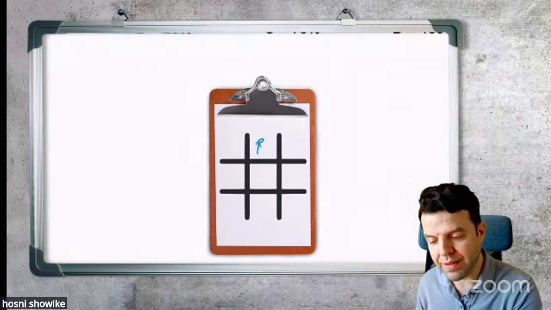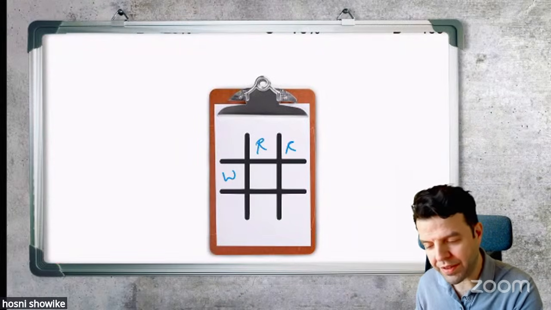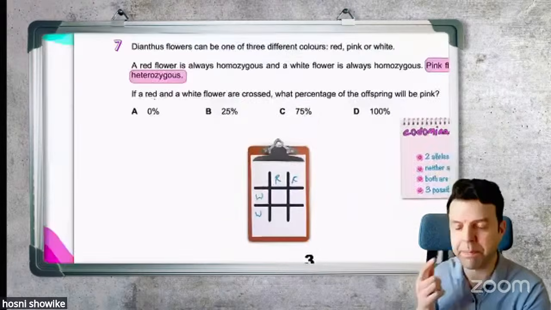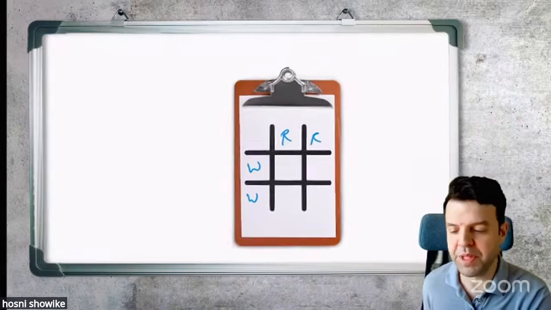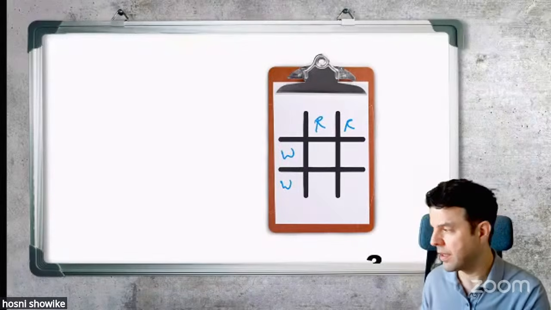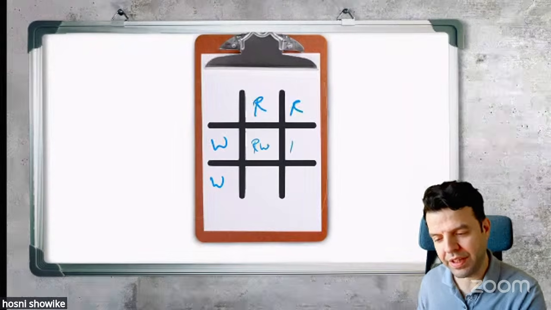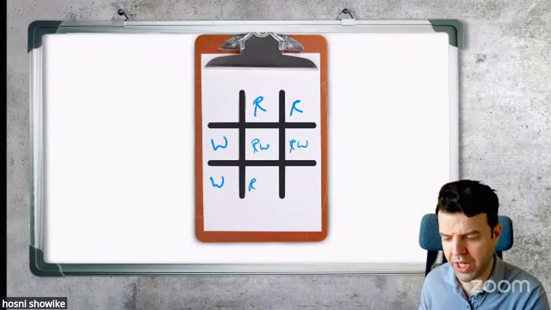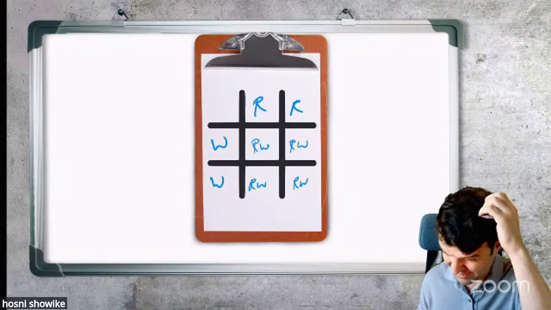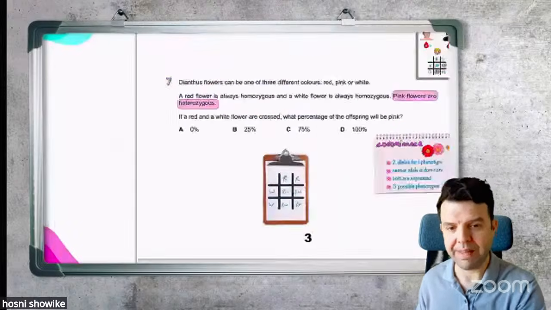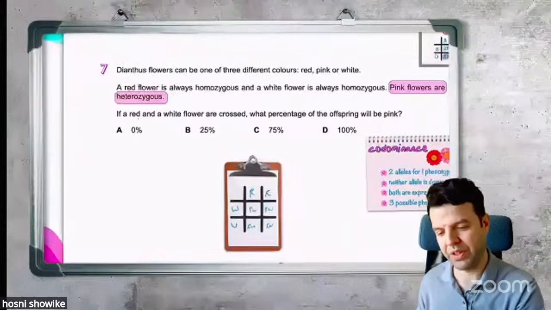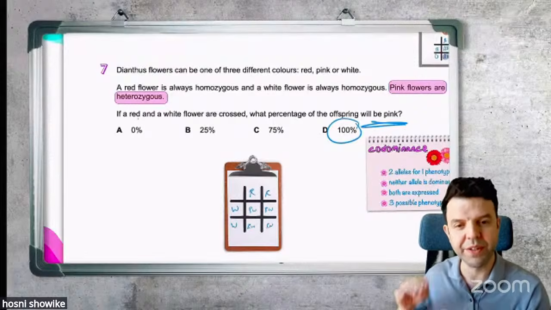You have red, you have white. How many you expect to be pink from this cross? It's like everyone, right? Every one of them will be pink. For that reason, that's like 100%. All are pink.